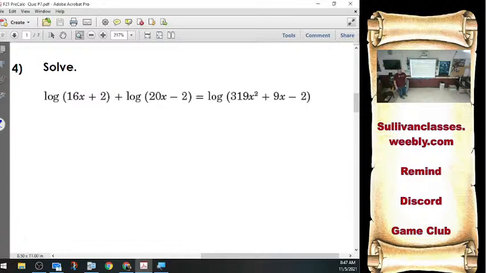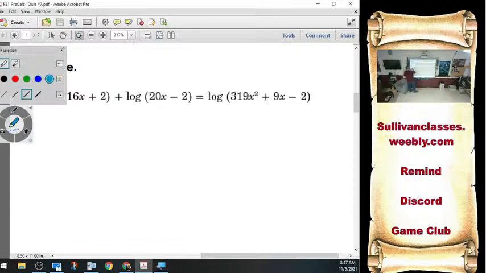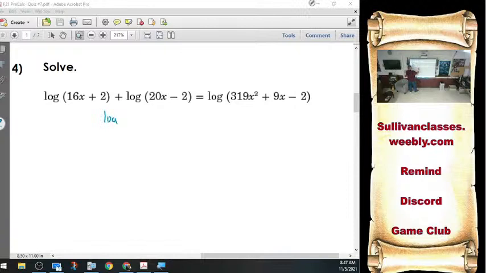Log of a thing plus log of a thing. I can't do that yet. I have to combine my logarithms first. So I start with, this is log of this product: 16x plus 2 times 20x minus 2.